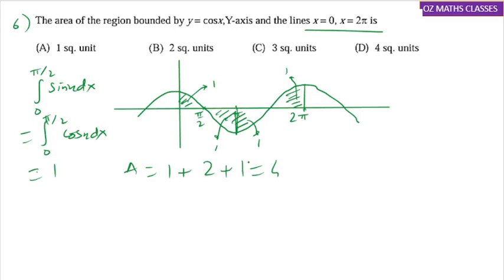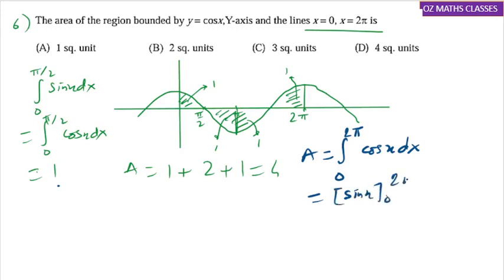Here you can also find the area by formula, but you will have to break this 2 pi into little smaller parts, because if you integrate cos x from 0 to 2 pi, the integration of cos x will be sin x from 0 to 2 pi.